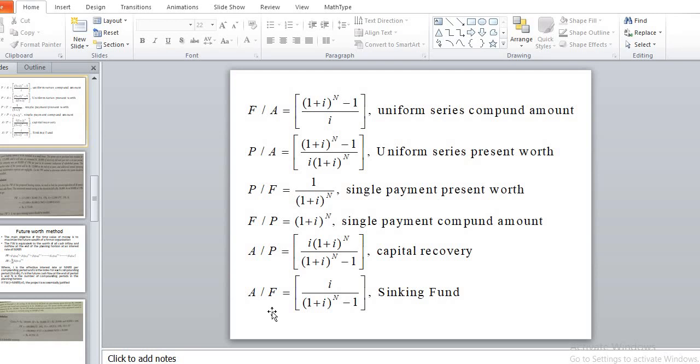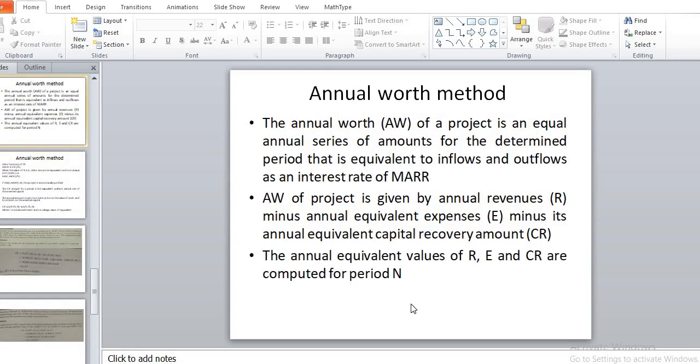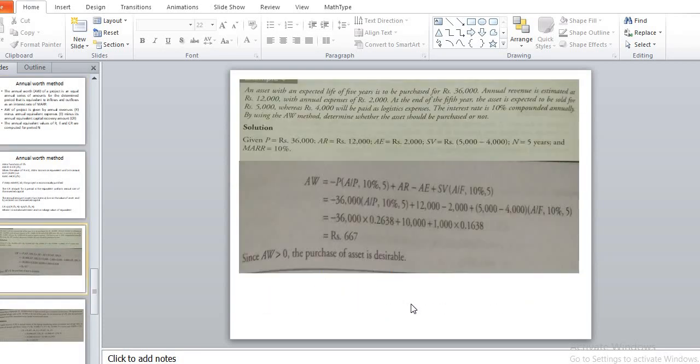A by P is capital recovery and A by F is the sinking fund. Putting in the values of AF and AP, the factors are calculated as 0.1638 and 0.26.